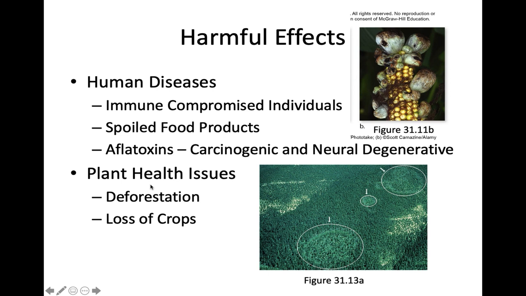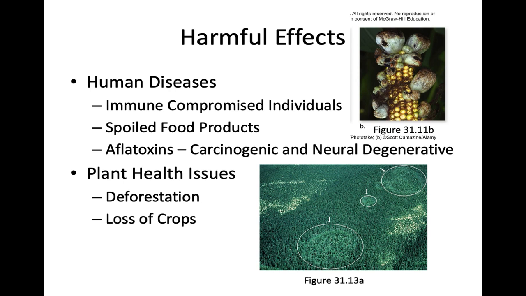Some other effects on plants is that more significant effects on growth can be seen from fungi on plants. The growth of fungi on the plants can lead to the death of the plants, which can have significant effects such as deforestation and crop destruction. In the picture that you see, it shows the effect of fungus on different regions of a forest in Montana.